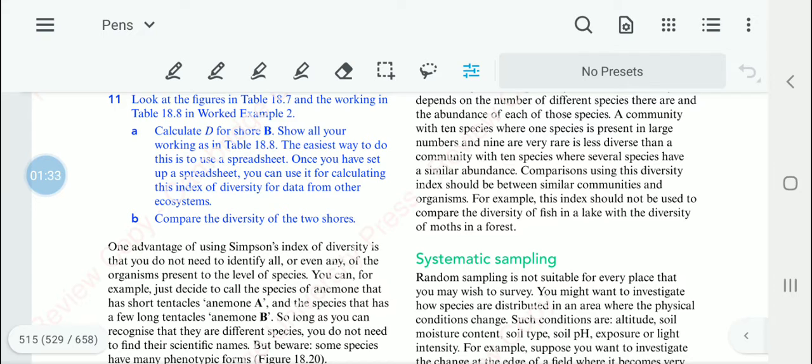In the other one, there are a few species that are greatly in abundance. Then the second situation, where there are many species with relatively high numbers of organisms, will have more biodiversity than the first situation, where only one type of species has high numbers of organisms. So all of these things need to be taken into consideration when discussing biodiversity.